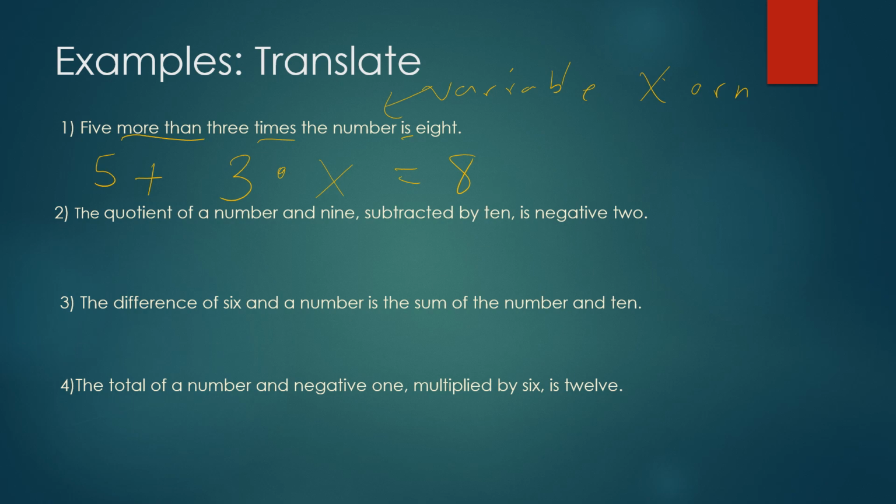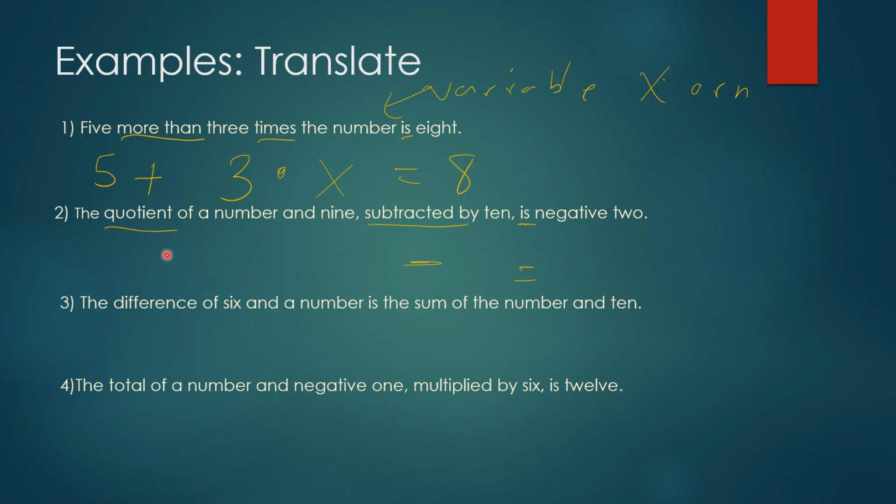Let's look at the next one. The quotient of a number and 9 subtracted by 10 is -2. Here we have the quotient. And we have subtracted by, and we have is. Again, we have equals. Subtracted is minus. Now we have quotient. What are we dividing? Quotient means to divide, so the question is, what are we dividing?